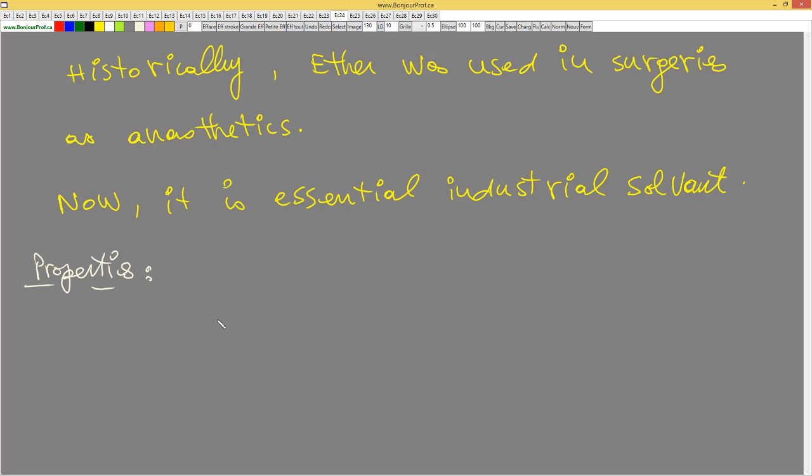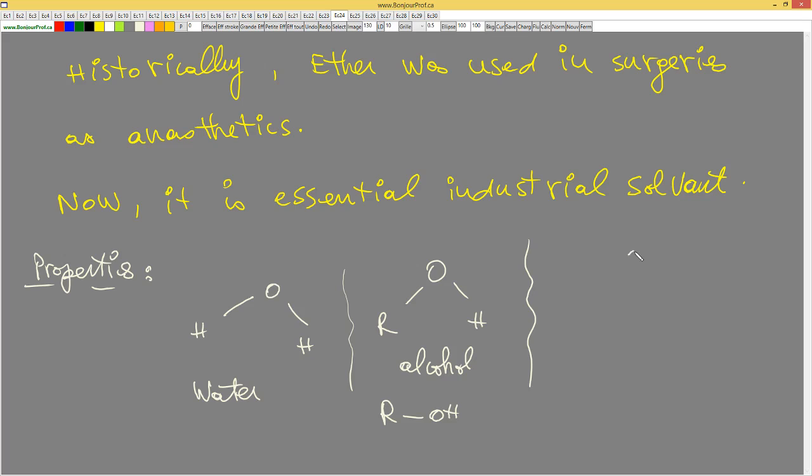For example, water, we have HOH. This is water. If we go to alcohol, recall that alcohol we said is ROH, like this. And the ether, what we have is R prime.